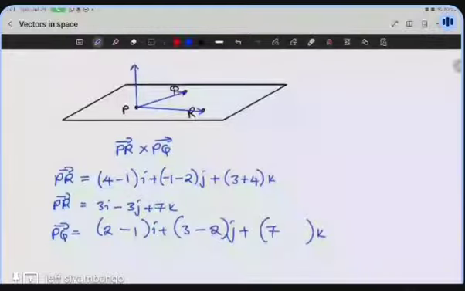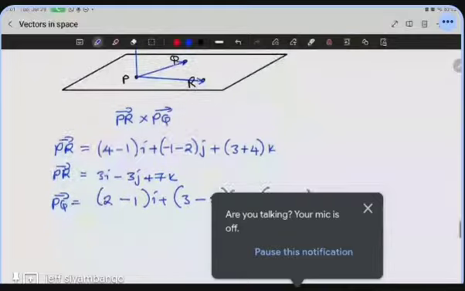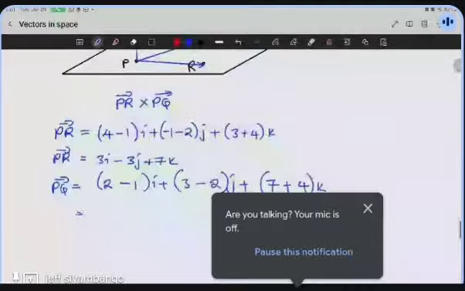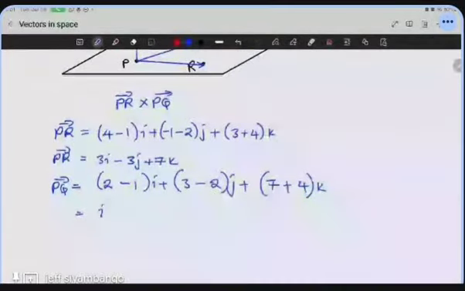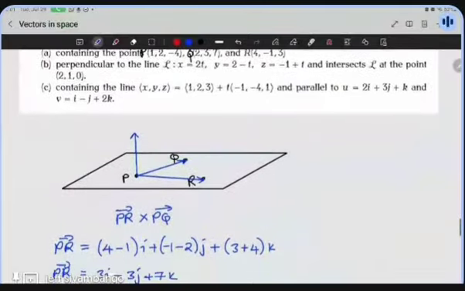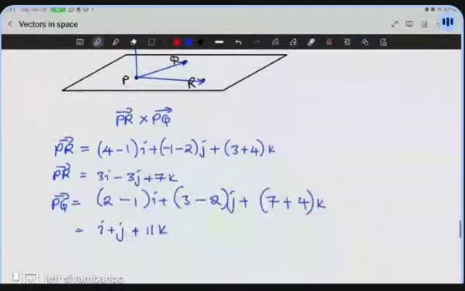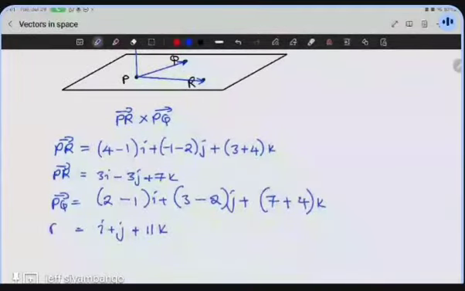Minus 4 will make this plus 4. So I simplify. I'll have i here plus j here, and then plus 11k here. Let's confirm that one, the last one. So Q came with 7, and 7 minus 4. Okay, giving us that 11. So this is our PQ.